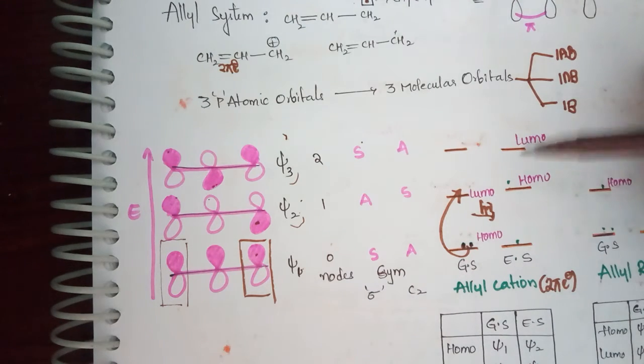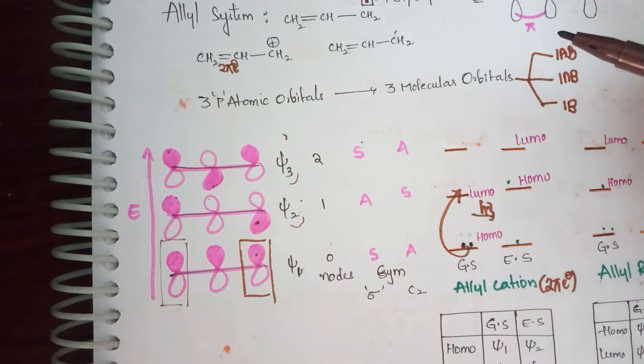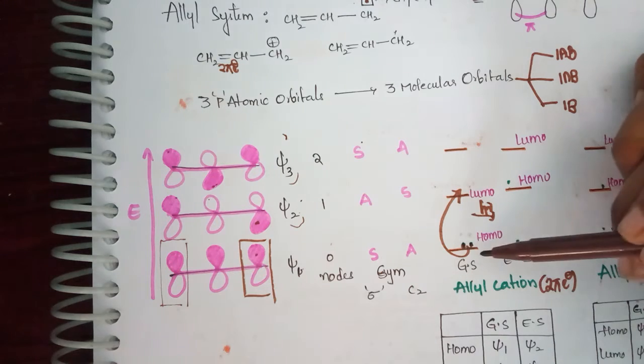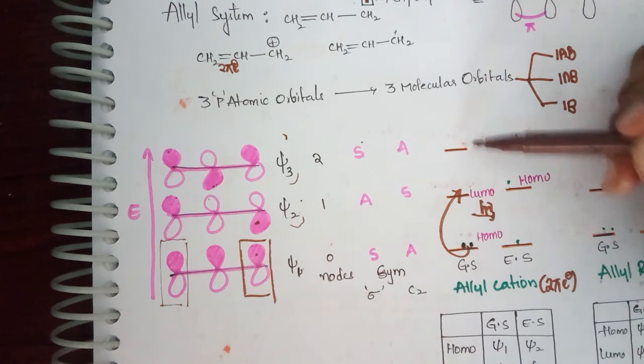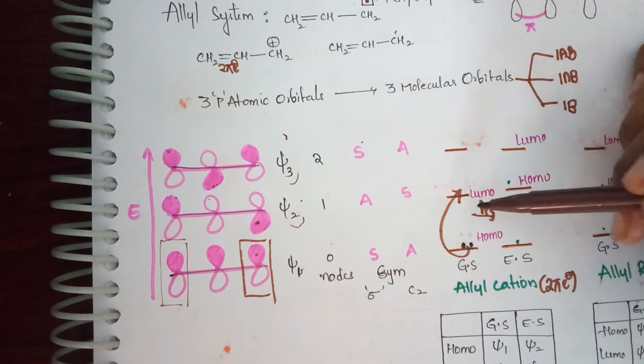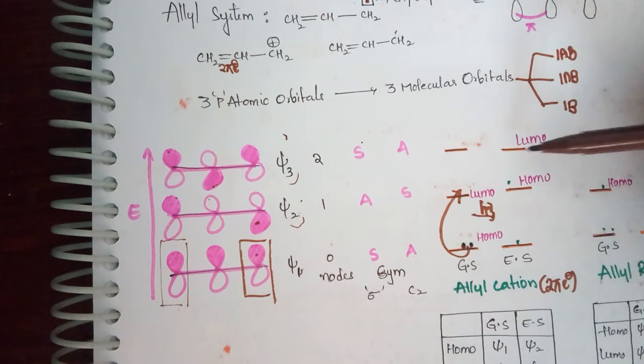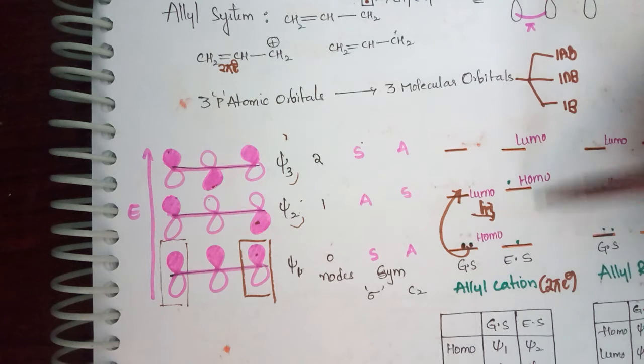Now after filling the electrons, you have to say which is HOMO and LUMO. HOMO indicates the highest occupied molecular orbital. Out of 3, this is the occupied one and this is only 1, so I keep it as HOMO. Here 2 are unoccupied. Out of these 2, this one is lower in energy, so it will be the LUMO. Next, in the excited state, out of 3 energy levels, the first 2 are occupied.